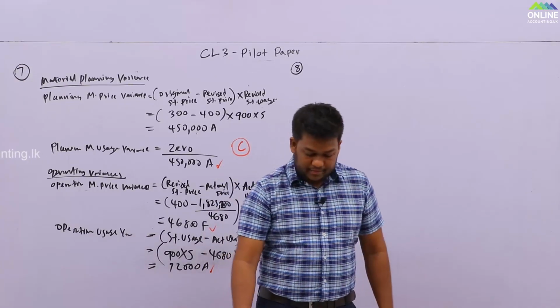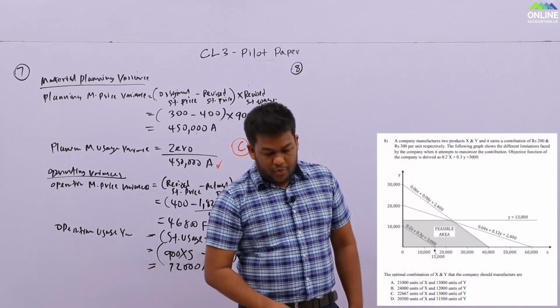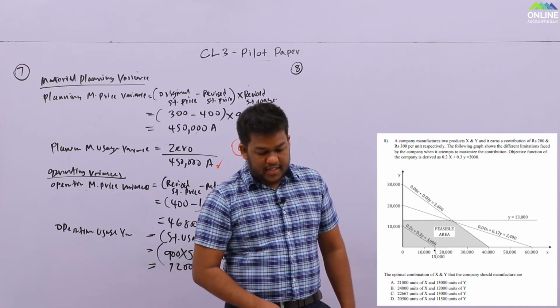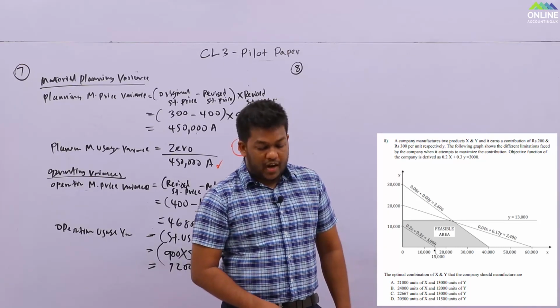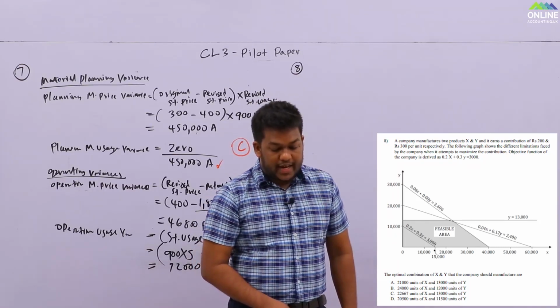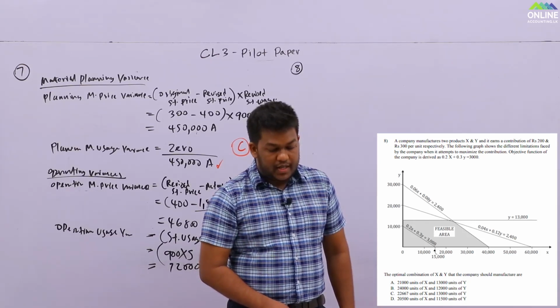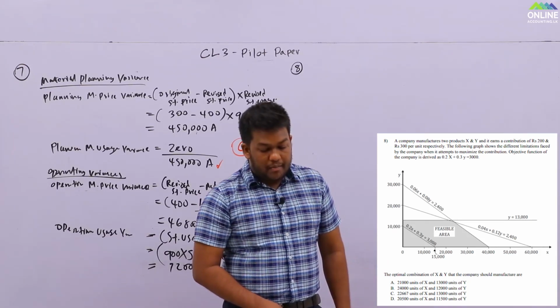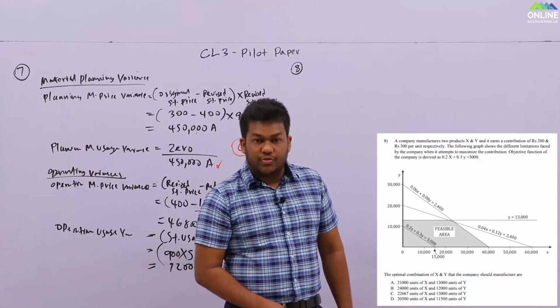So then the eighth question, number 8. A company manufactures two products X and Y, and it earns a contribution of rupees 200 and 300 per unit respectively. The following graph shows the different limitations faced by the company when it attempts to maximize the contribution. Objective function of the company is derived as 0.2x plus 0.3y equal 3000.